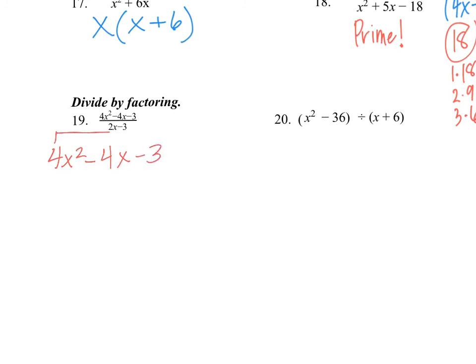So let's multiply 4 and negative 3. That's going to give me negative 12. And then numbers that multiplied together give me negative 12 and added together give me negative 4 are negative 6x and positive 2x. So go ahead and write everything else down.